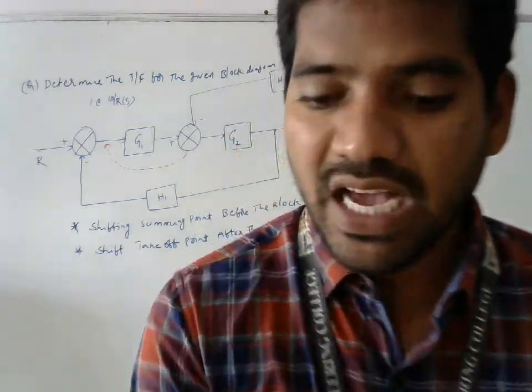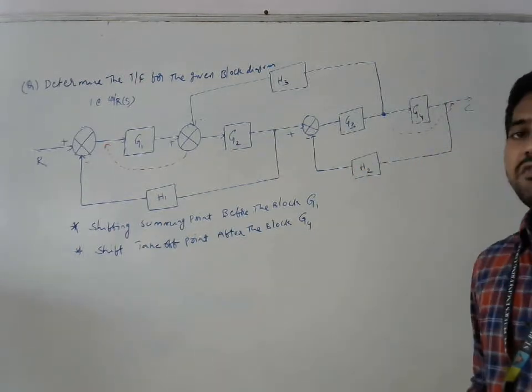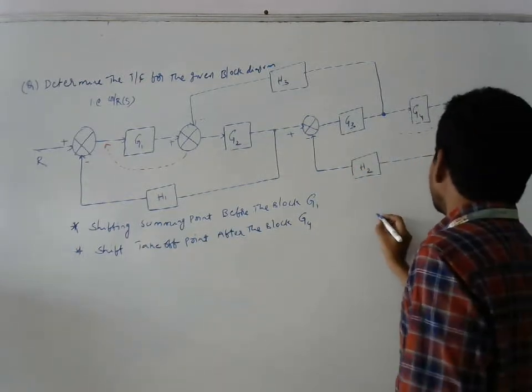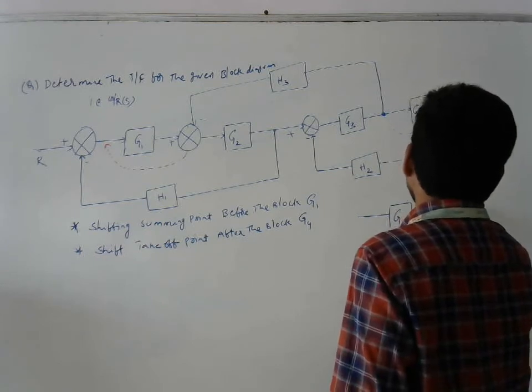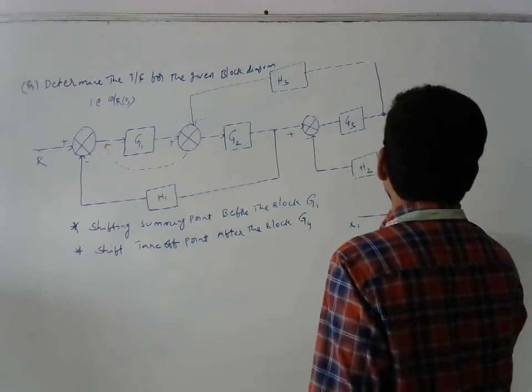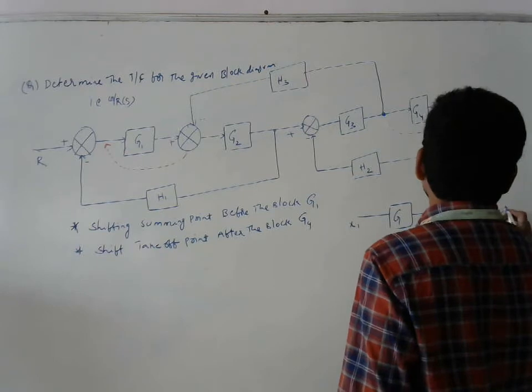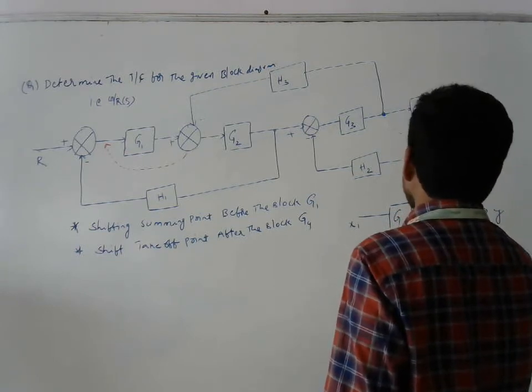Take an example: this is a G, and this is a summing point with plus. Let the input be x1 and the output be y.